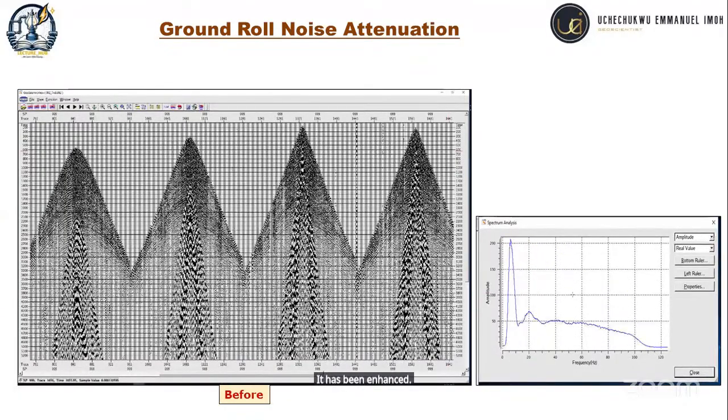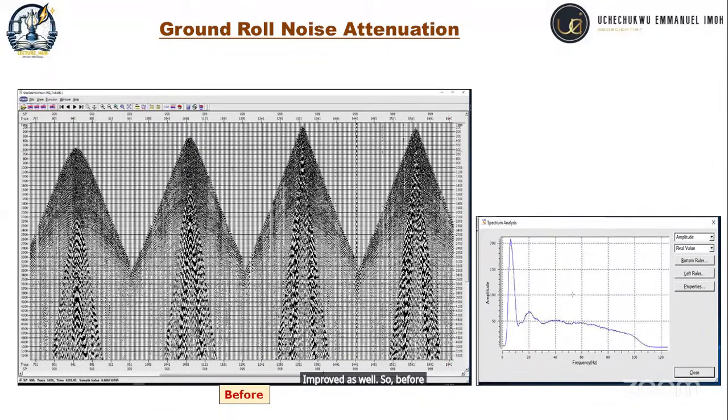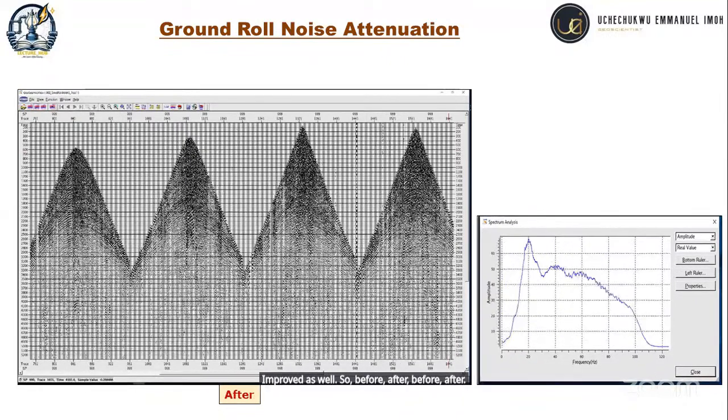As the noise goes out, the frequency spectrum has been enhanced. And you can see that the frequencies of every wavefront, all the frequency bandwidths, all of their amplitudes were improved as well. So before, after.